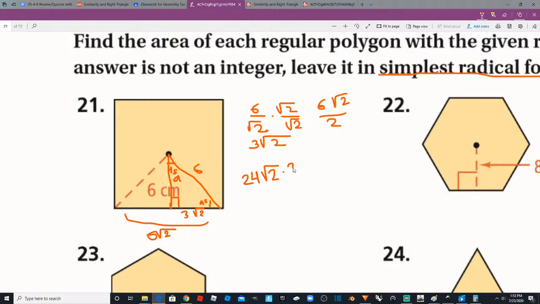Multiplied by 3 root 2, which is our apothem. This is P, this is the A, and then multiplied by 1/2. So we can already cancel these two out, and we'll get 24 times 3 times 2 times 1/2. And we could cancel these out to get 72. A nice clean answer. So we have 72 centimeters squared.